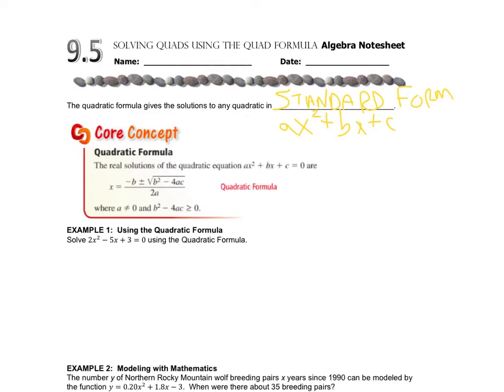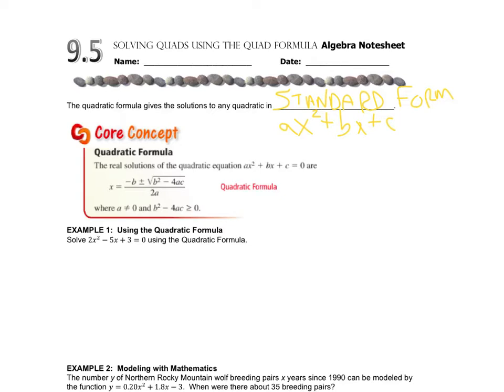So once you're in that form, that's where we can plug in the numbers for the variables a, b, and c. Also notice that this is going to be what x equals. So remember, as we're solving this, x is going to end up being our solutions, which are also our x-intercepts if we were graphing this, or we also call them our roots.